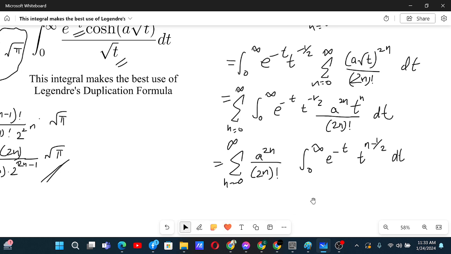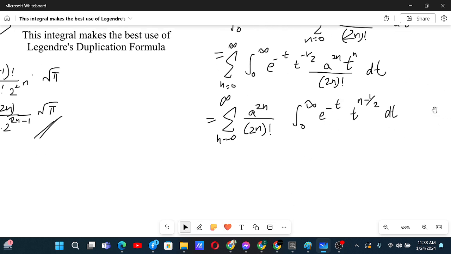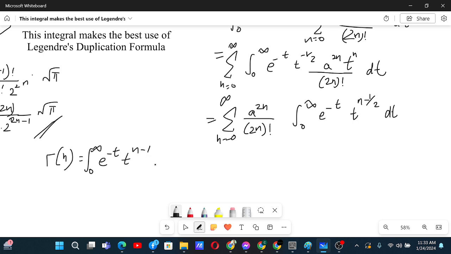Okay, so now this matches the definition of the gamma function. Basically, gamma of n is equal to the integral from 0 to infinity of e to the power minus t, t to the power n minus 1 dt. Now here we have n minus 1 by 2, so this is basically n plus 1 by 2 minus 1, so we will have gamma of n plus 1 by 2.